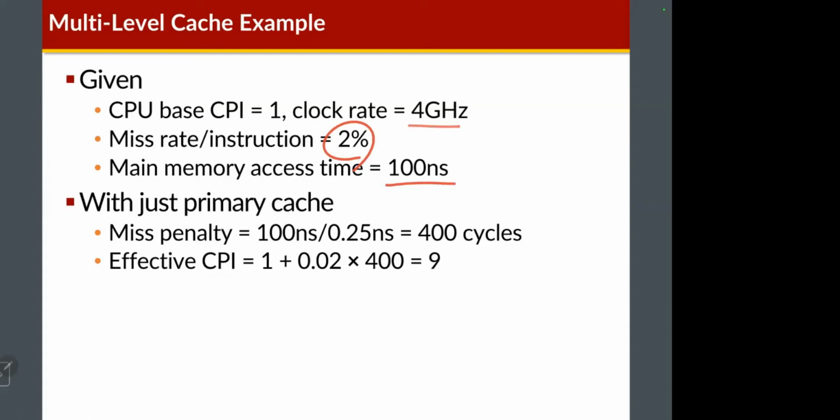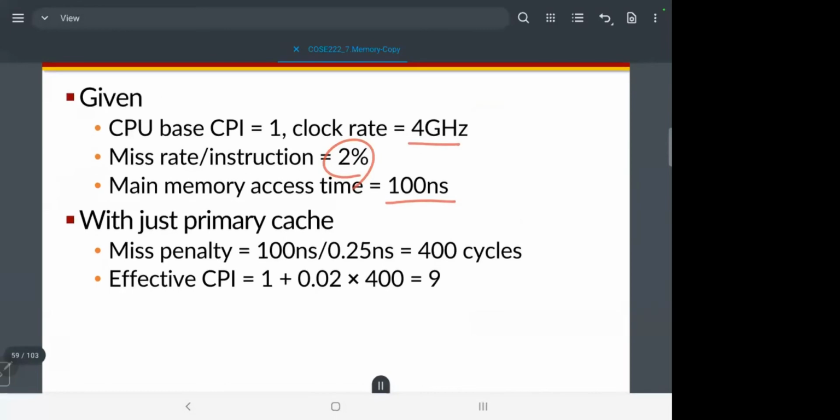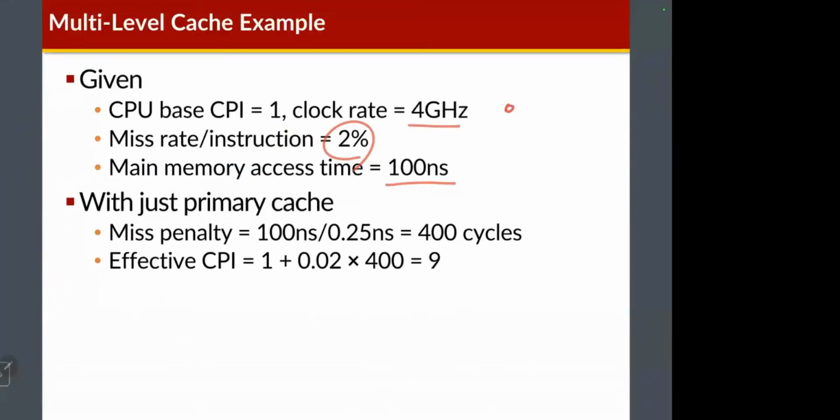Let us assume that the memory access time is 100 nanoseconds. So what is the miss penalty? Because the clock rate is 4 gigahertz, the clock period of this processor is 0.25 nanosecond, which means that the miss penalty is 400 cycles.